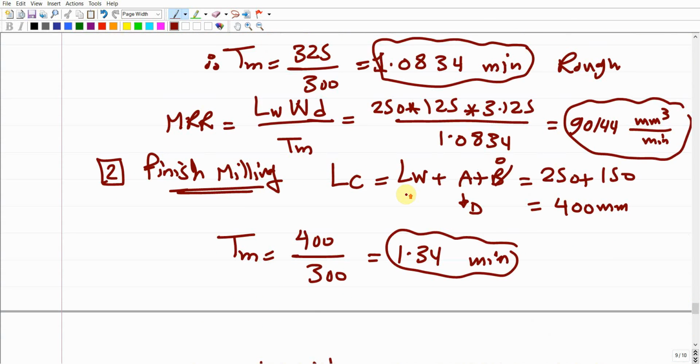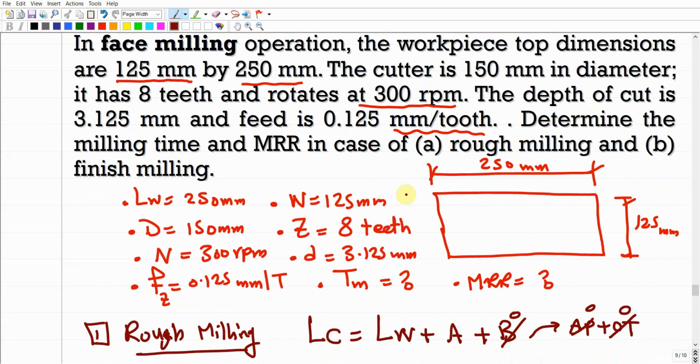No. These are like two different problems, two separate problems. These are not two separate passes of the milling operation as we did in the turning operation. In turning, we have base 1 and base 2, so we have to sum the time for base 1 to the time of base 2. But here, these are two separate problems.